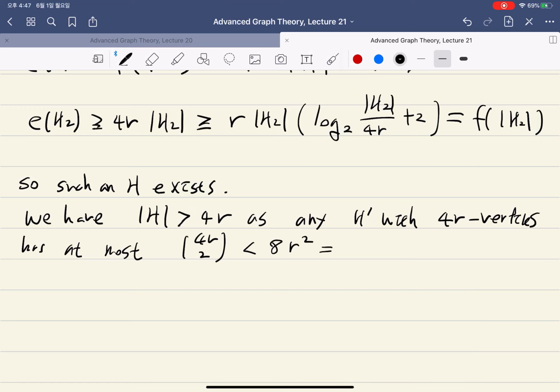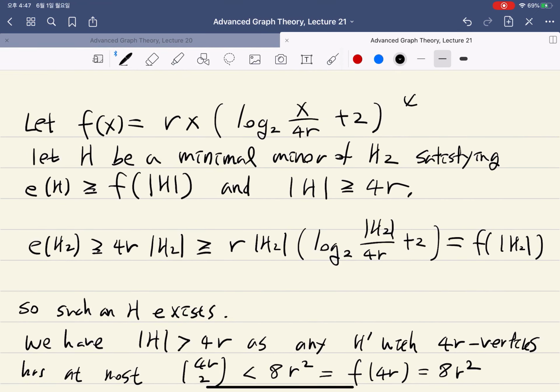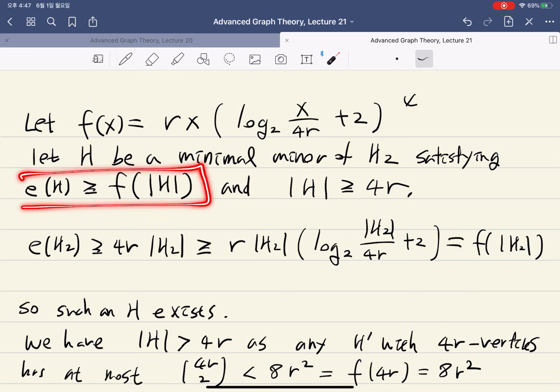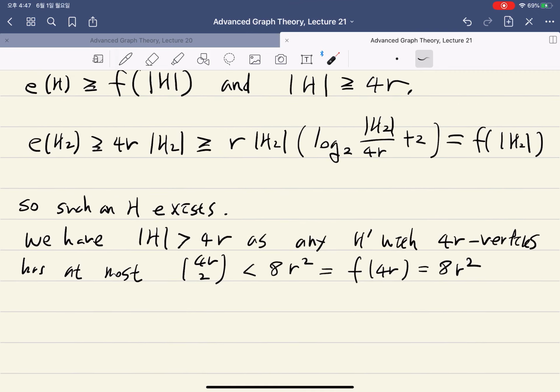But the F of 4R is actually exactly 2RS and 4R square. Yes. So any graph with 4R vertices does not satisfy this condition. So H actually has more than 4R vertices.